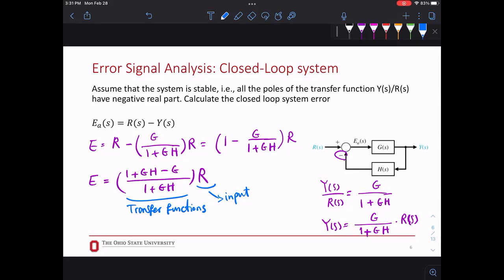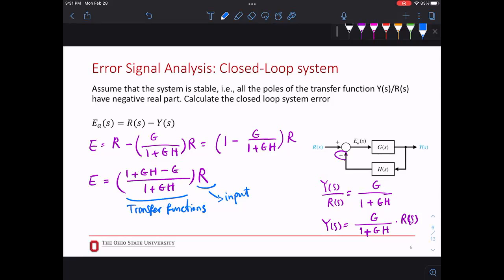Now, to make things simple and see how input will impact this, I'm going to check all the unity feedbacks. What does that mean, to have a unity feedback? On the feedback, H of s is 1, right?